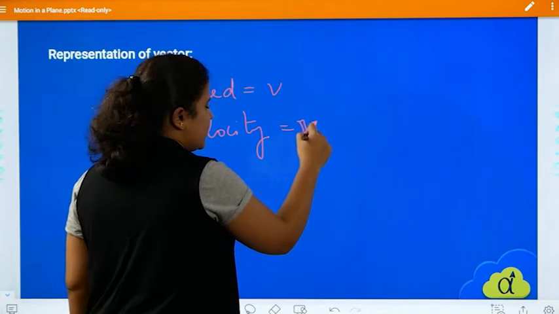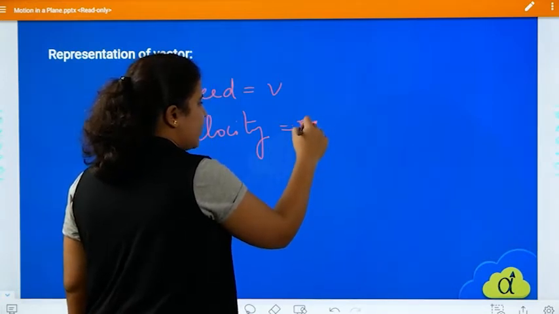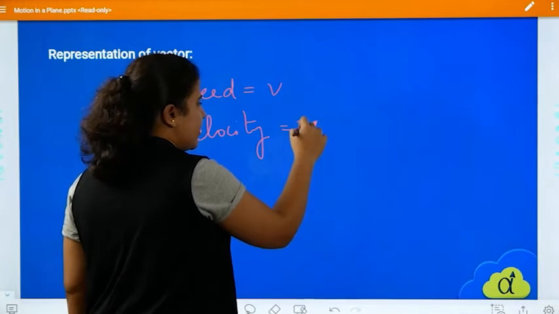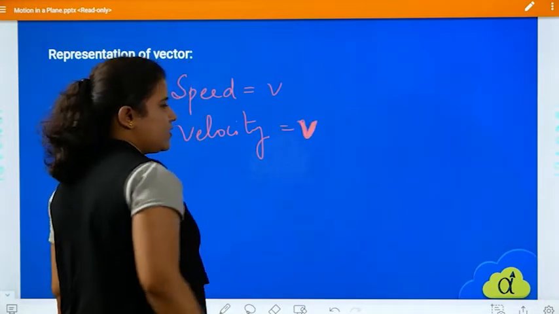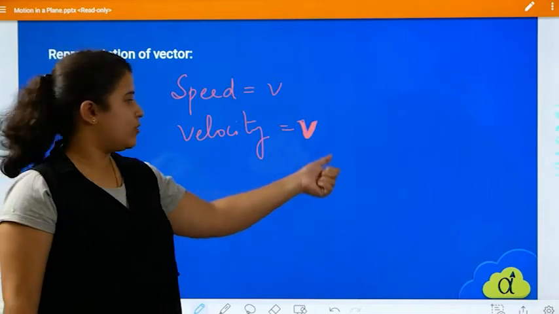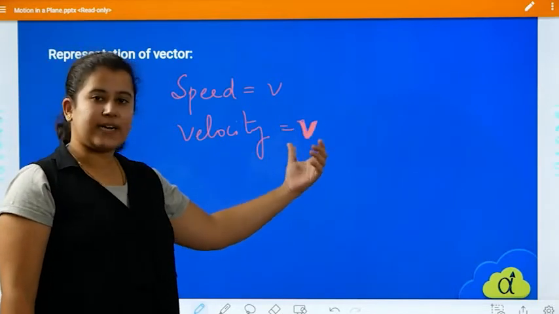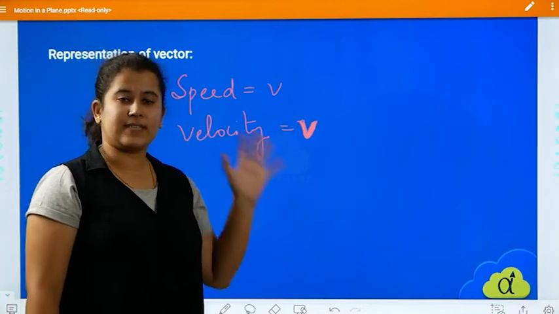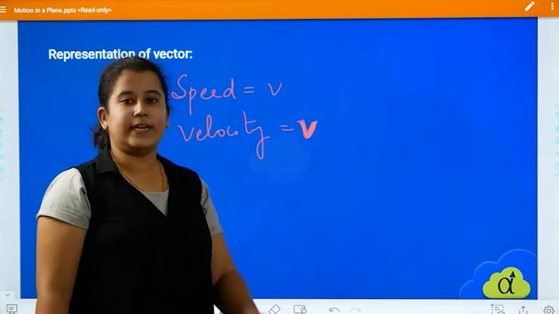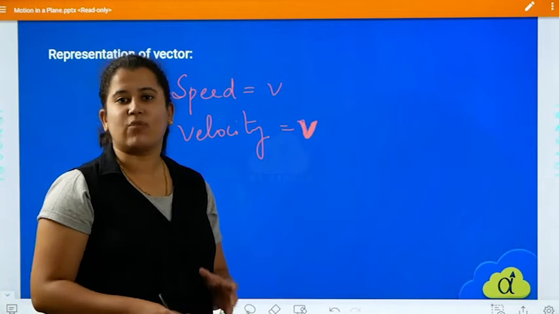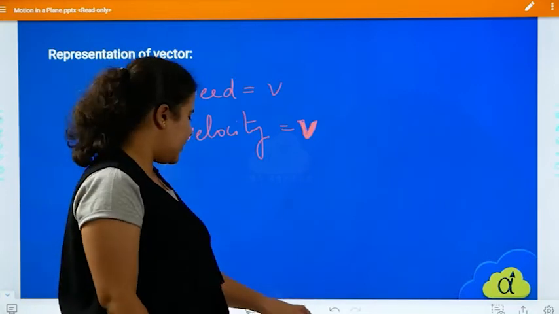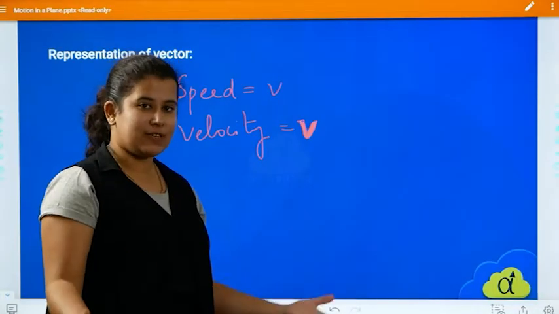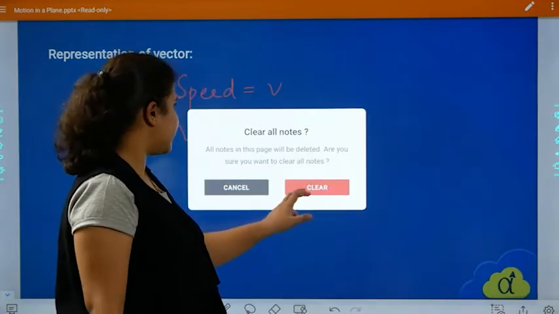This v will be given in bold, which denotes that velocity is a vector quantity. Understood? So velocity will be a vector. Usually in your NCERT textbooks, they have written this: if a letter is written in bold, then it denotes that it is a vector quantity, a physical quantity written in bold. You can just be noting that.